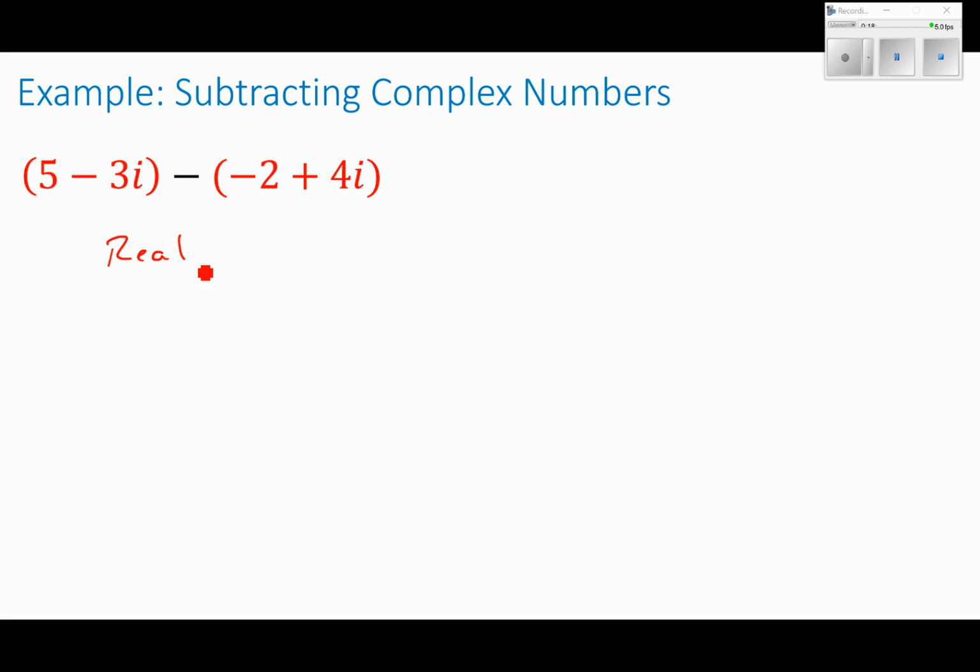So my real parts are 5 minus a negative 2. Be very careful with your signs. And then my imaginary parts are going to be a negative 3i minus 4i. Okay, be very careful with those signs.